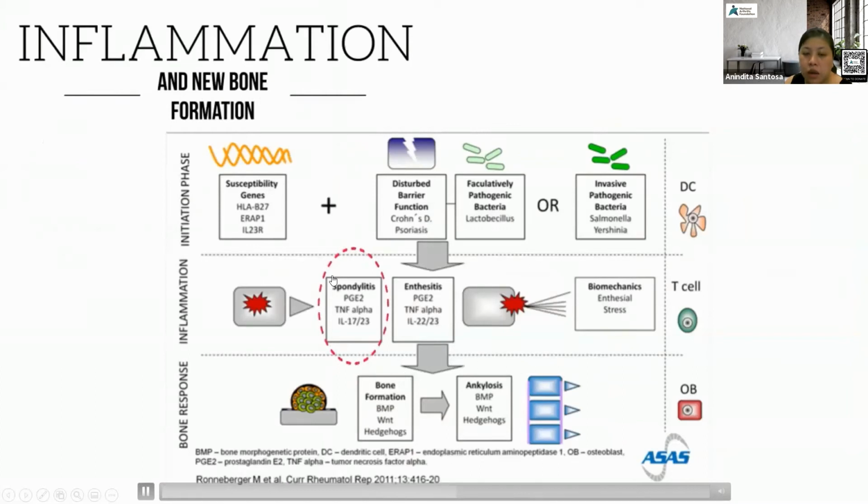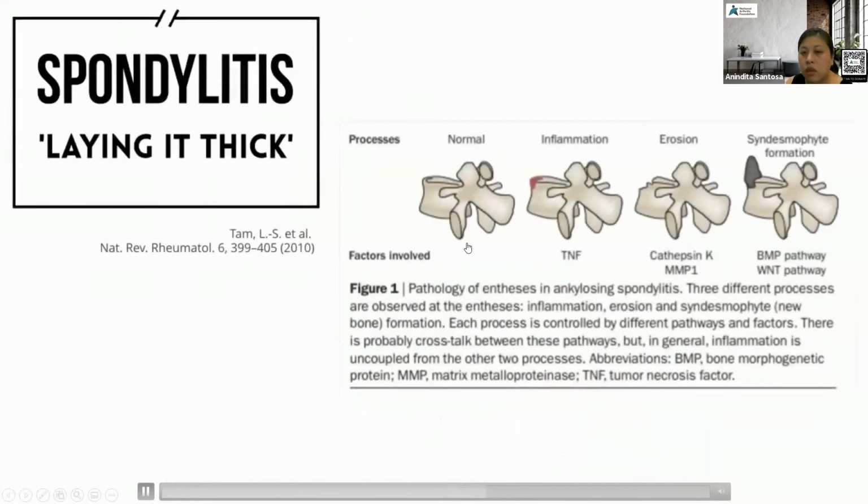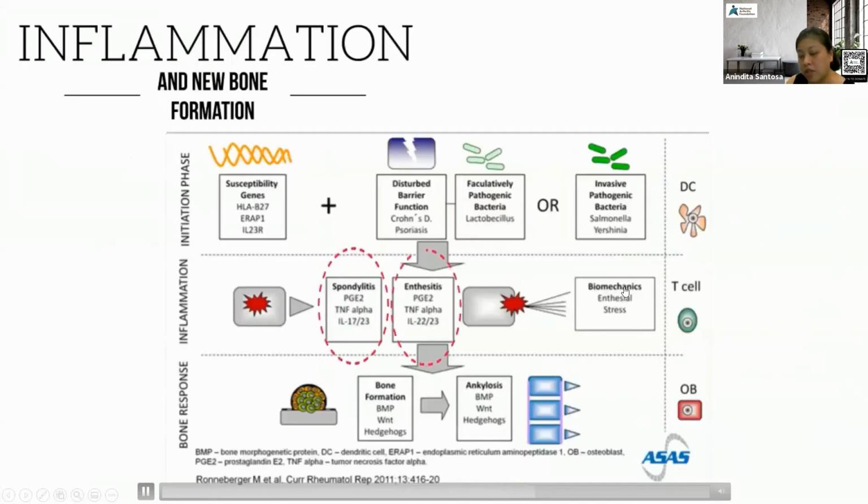When it occurs within the spine, it causes spondylitis, or inflammation of the spine. Again, we see what we've mentioned earlier on. You get inflammation, erosion, and then the body tries to repair itself by causing too much bone formation. So clearly a case of too much of a good thing being a bad thing.